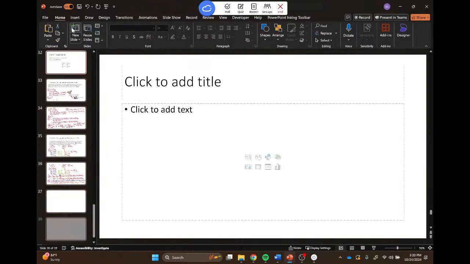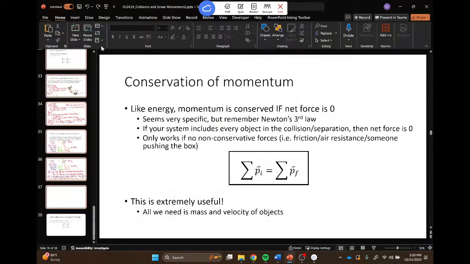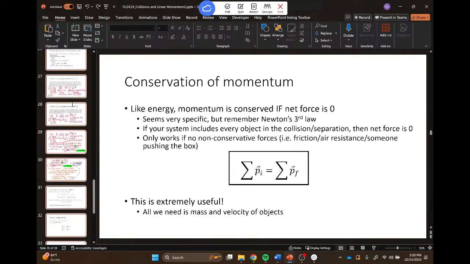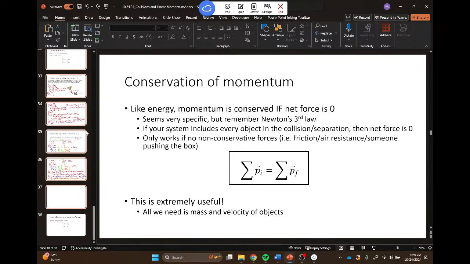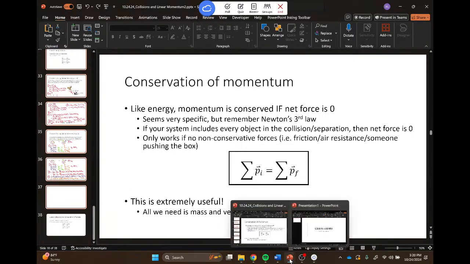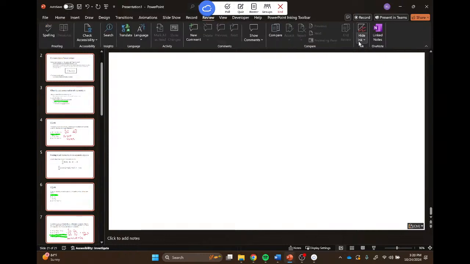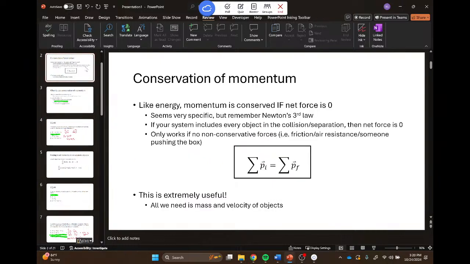Jank solution. I copied these over. So anytime I teach my studio course, I copy the slides over because I often make new clicker questions and I don't want to. So we just, boom, put them here. I got to delete all the stuff. What? That's so weird. It is ink.